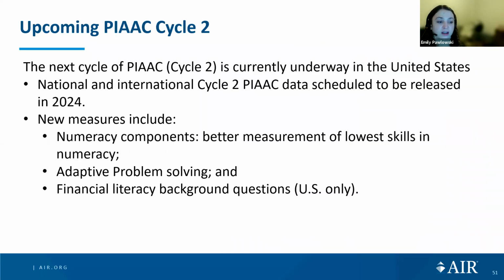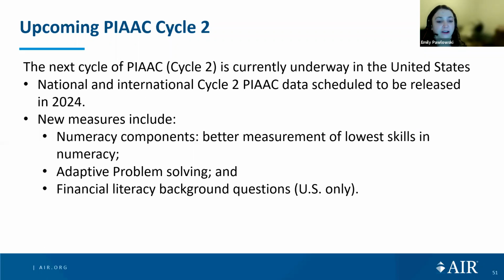We also got a question on the next round of data collection for PIAC. It's currently underway. We just completed the field test in the United States. The data from the National International Cycle 2 of PIAC is scheduled to be released in 2024. There have been some delays related to COVID, and hopefully things will continue moving forward, but 2024 is the current plan. And there are some new things in this new cycle of PIAC.